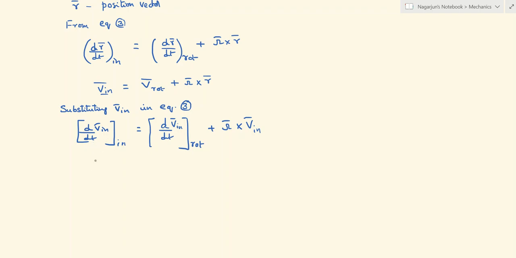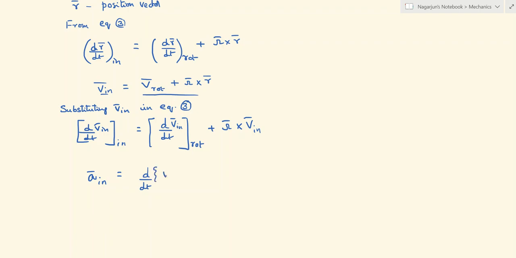So now the left hand side is nothing but the rate of change of velocity with respect to inertial frame, or the acceleration with respect to inertial frame, is equal to the right hand side. We have d by dt in place of v bar in. Let me substitute this whole thing.